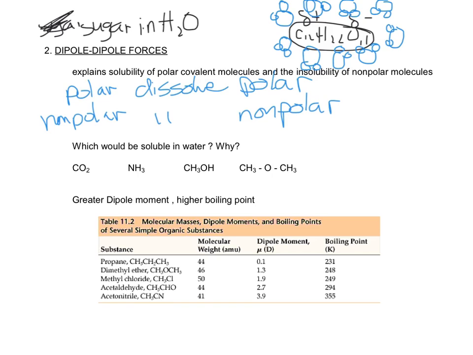If you remember last year, I had the polar molecules represented by a bunch of magnets, and the non-polar molecules represented by marbles. If you take some magnets and some marbles and try to mix them together, they're never going to mix because all the magnets are going to stick together just like the water molecules will stick together. All the marbles will just sit there just like the oil particles because they're just not very attracted to each other.